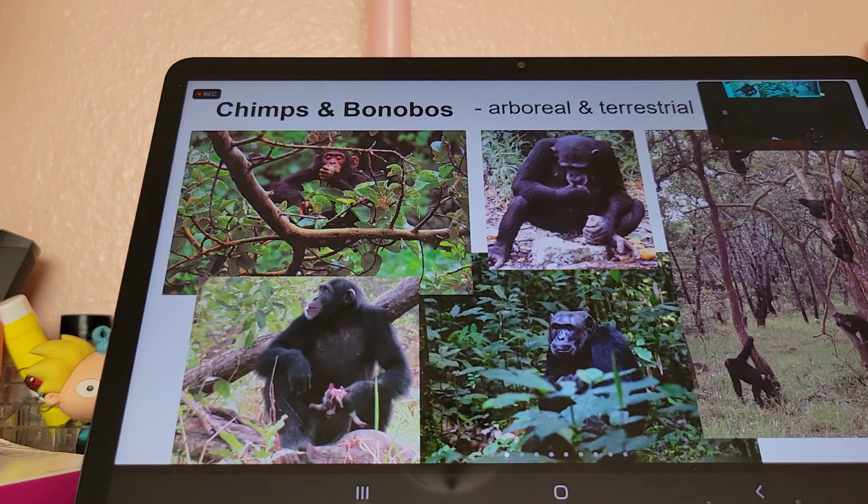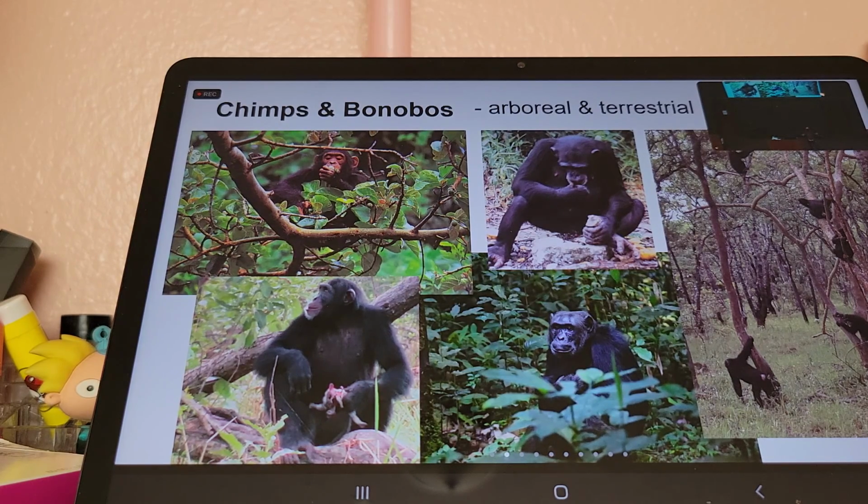So basically, chimps and bonobos use their cognitive abilities and their wide range of locomotor abilities to exploit every resource. So even though they are in direct competition with the monkeys, they do just fine because they're able to exploit a wide range of resources, and they're just very smart when it comes down to it.